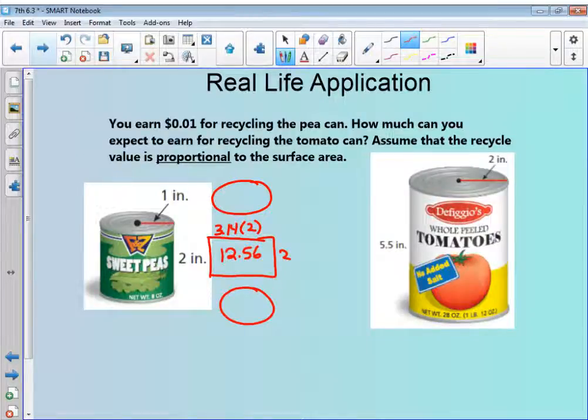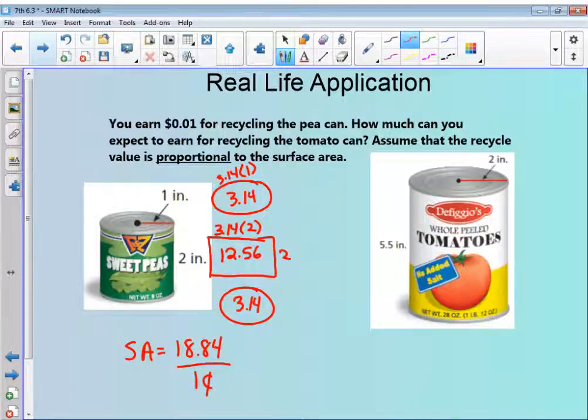So that's pi times radius squared, so 3.14 times 1 squared is still going to give me 1, so I get 3.14 for this. So if I add all those together, okay, the surface area of this can is 18.84. Okay, and I get 1 cent for that. That's how much they're going to pay me for that.